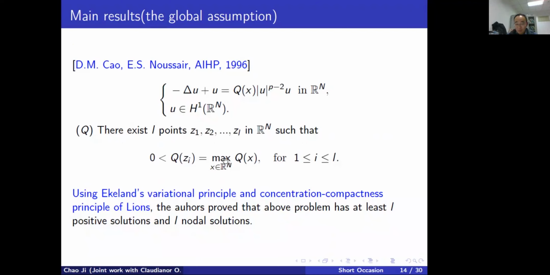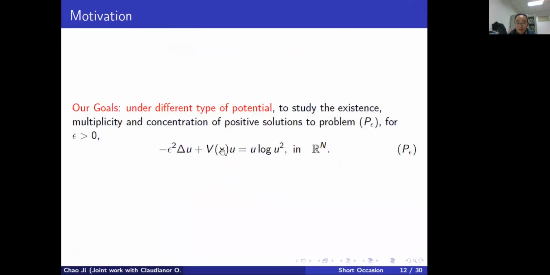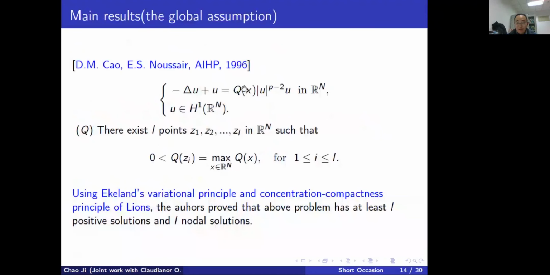Here it is the maximum, not minimum, because in that equation the potential is different. In our problem it is the minimum. The main difference is that the functional of this equation is C1.